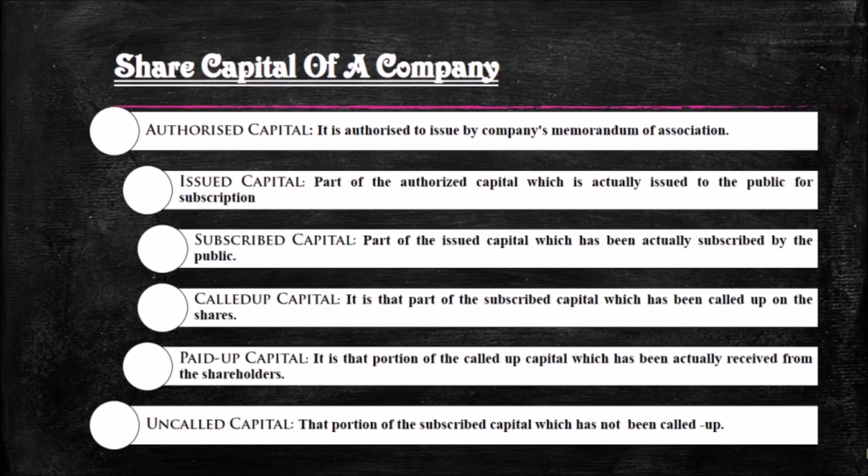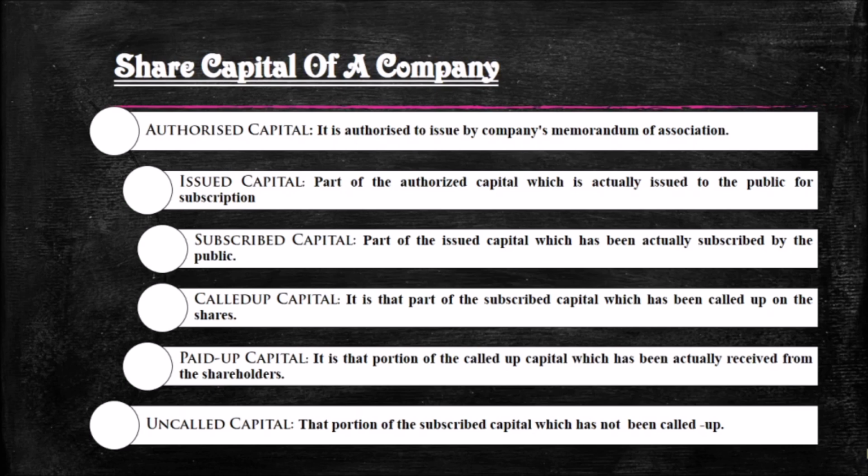The company can issue only a certain portion of the authorized capital to the public. Issued capital means the part of authorized capital which is issued to the public to come and subscribe the shares of that company.